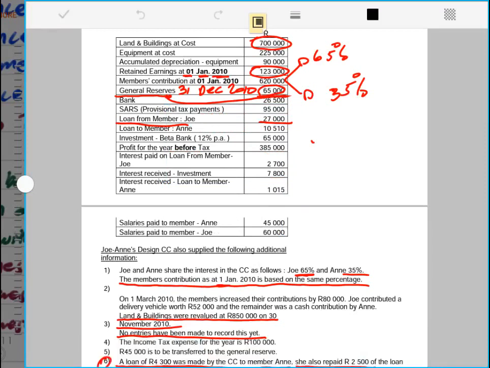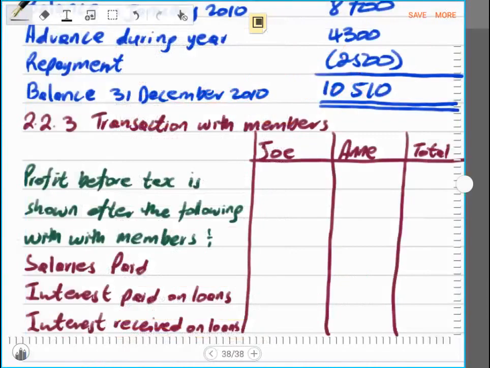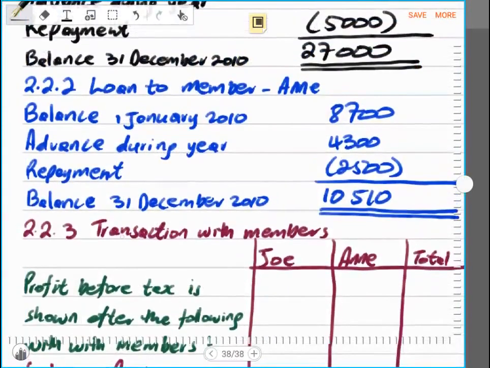Remember now, these transactions are mostly the salaries, the interest on the loans. And on the transaction with members, we only focus on the incomes and the expenses. Please take note of that. We only take into account the incomes and the expenses. So that tells you that the loan will not appear in a transaction with members.